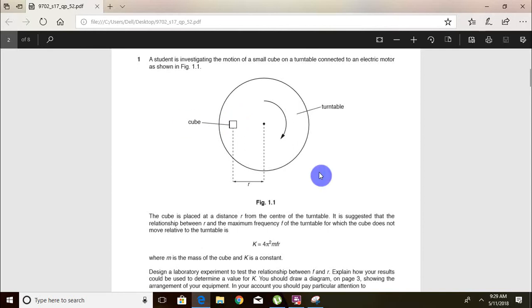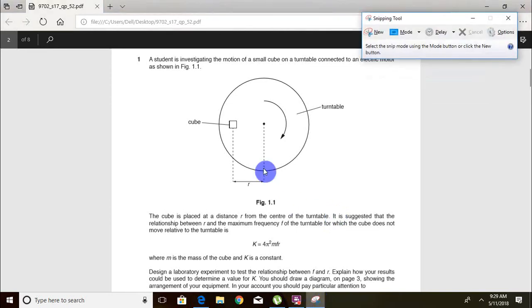The cube is placed a distance r from the center of the turntable, and it is suggested that the relationship between r, that is the distance, and the maximum frequency of the turntable for which the cube does not move relative to the turntable, is given by this equation.